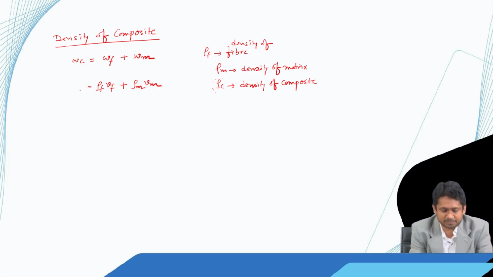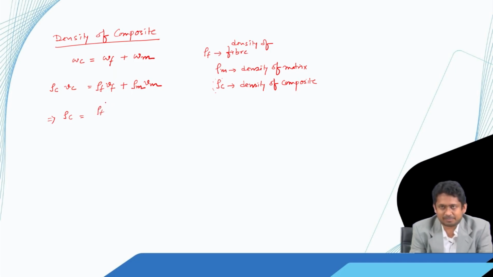of the composite. So, if we think of a quantity rho c, which is the equivalent density of the composite, and if I multiply that rho c by V c, which is the total volume of the composite, that should give me the total mass. Now, we can just take this V c here.